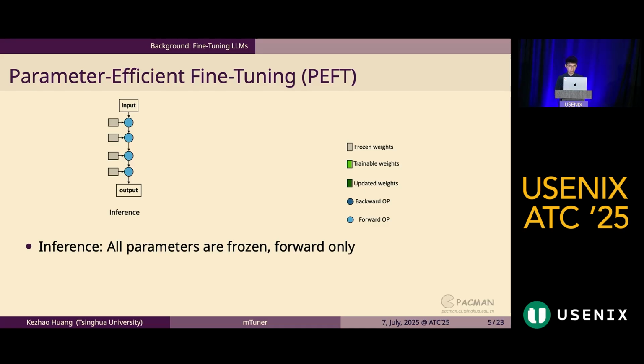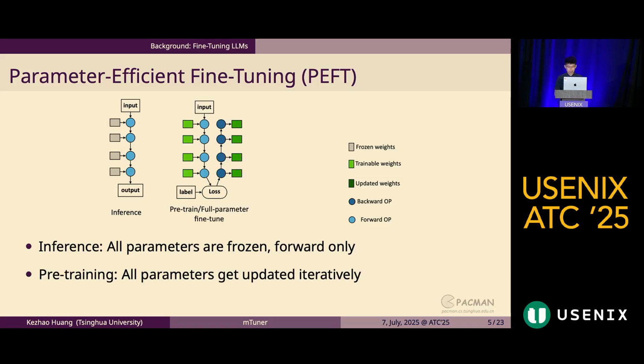Now, let's take a look at parameter-efficient fine-tuning, or PEFT, which has become the go-to strategy for adapting large language models efficiently. We compare PEFT with inference and pre-training. First, during inference, all model parameters are frozen, and we simply perform a forward pass. There's no need for gradient computation or weight update here.